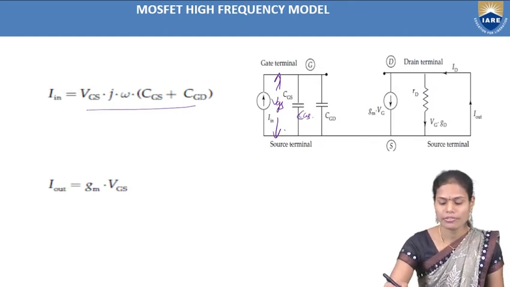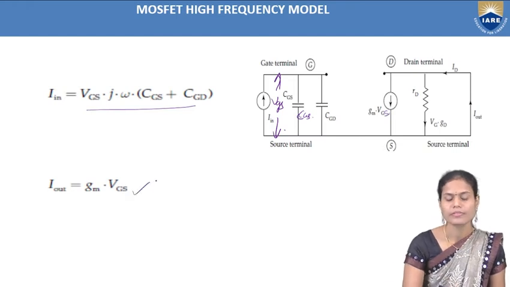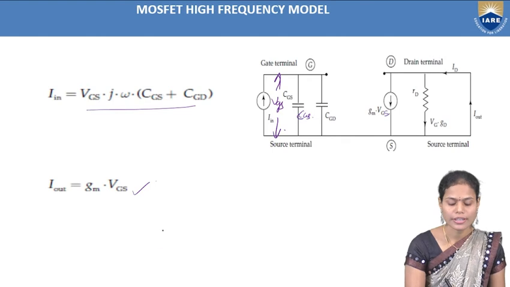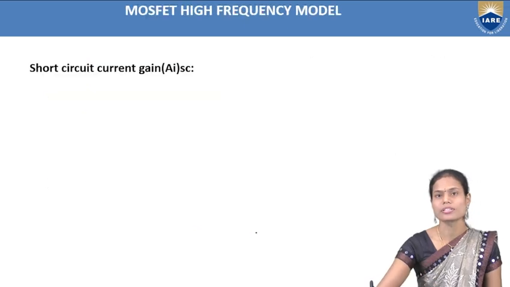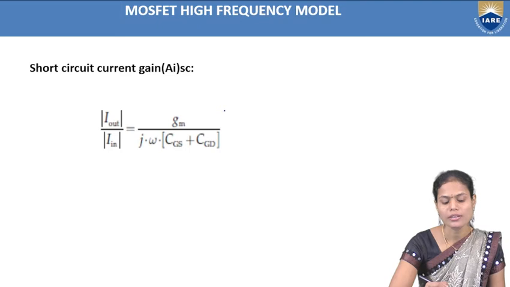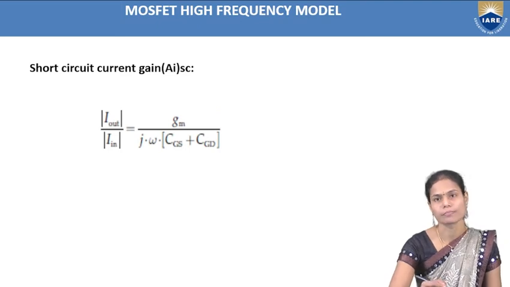And similarly, if you find the output current I_out, that is gm VGS. So the current gain AI is the ratio of the output current I_out by input current I_in. If we see that ratio, we will get it as gm by j omega (CGS plus CGD).